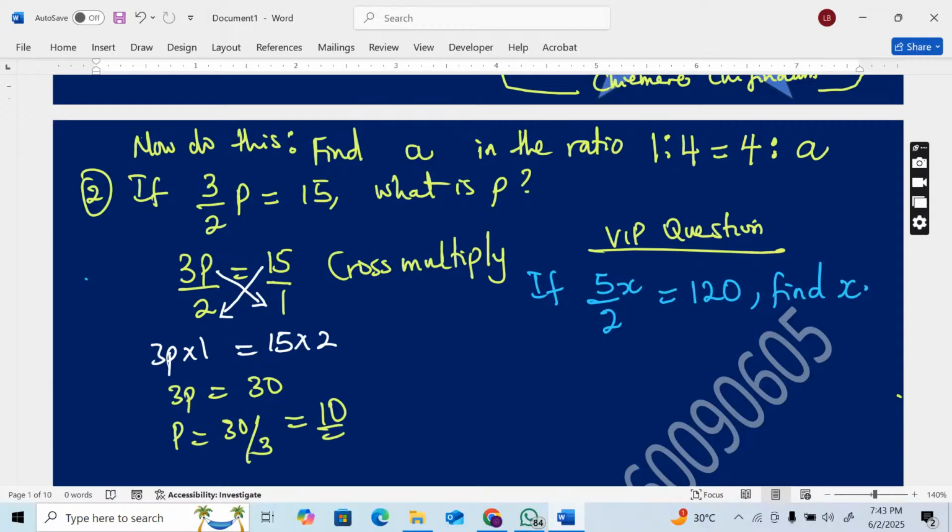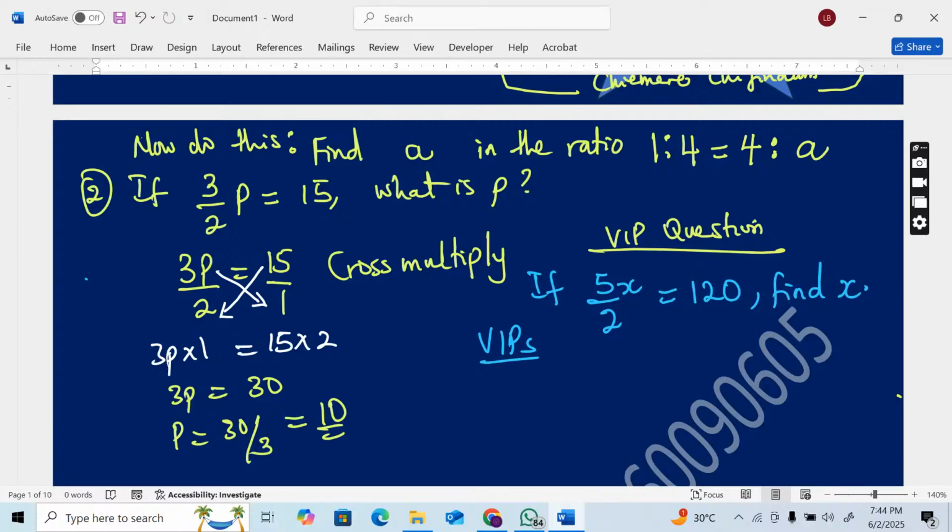Who becomes the VIP? Amazing. Awesome, everyone. Yes, I can see the correct answers. Wow, the first 10 pupils. Now let me list the VIPs.